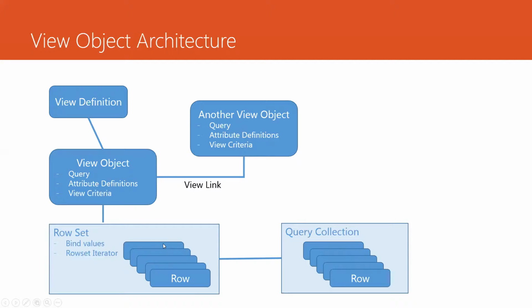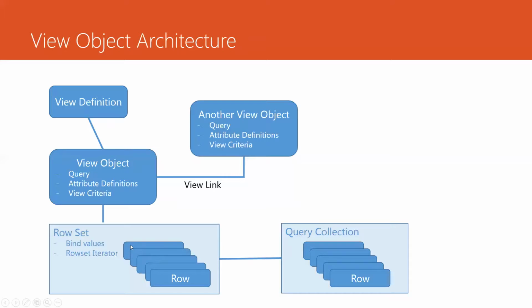These rows are fetched by using the query in this view object and optionally appending any bind values at runtime. These are stored in the row set object, which will store the bind values also, and the row set iterator, which is nothing but a pointer to the current row. It helps us navigate through the rows.